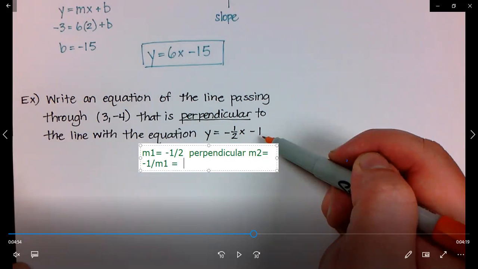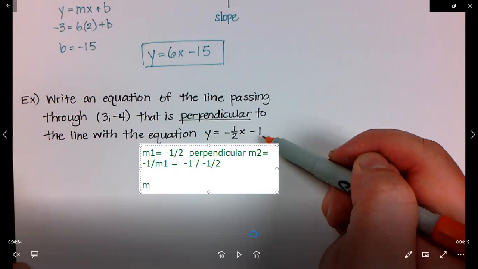We said that the product of two slopes when the two lines are perpendicular should be equal negative 1. And already we have m1 and we want to find m2. Then it will be negative 1 divided by m1, which was negative 1 over 2. Then m2 will be equal to negative 1 divided by negative half.